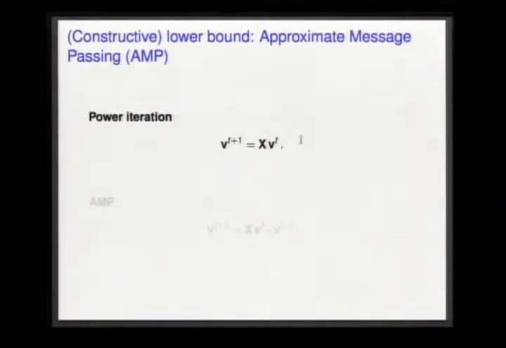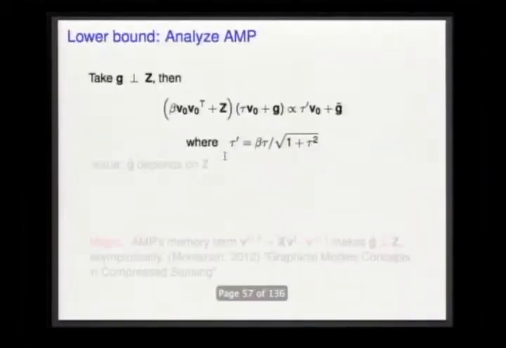Basically you build a sequence of vectors as follows: v_{t+1} is x times v_t. The only thing we add to get the so-called approximate message passing algorithm for this problem is to subtract the previous term. And the normalization can go here too. You can normalize by the norm of v_{t+1} at each iteration. But basically that's the only modification you have to make to the power iteration to get the AMP version of it.